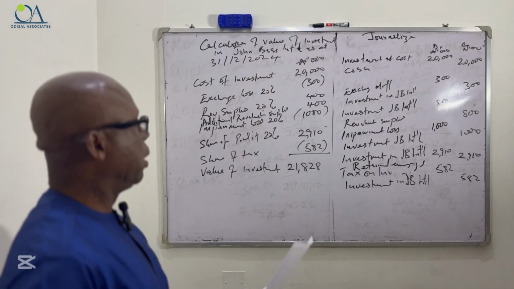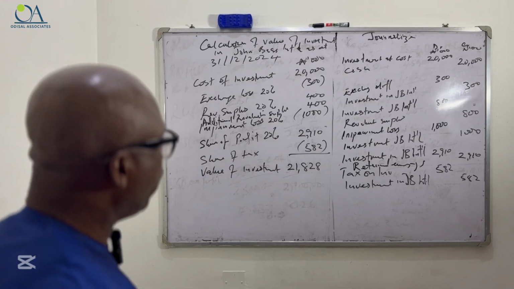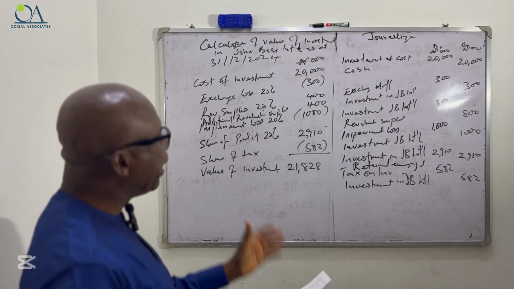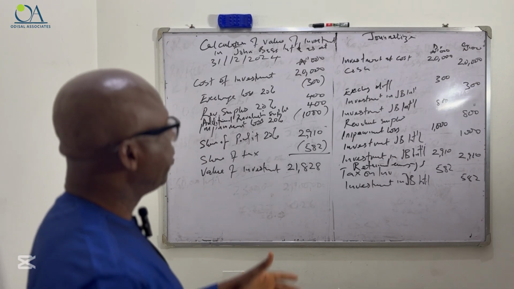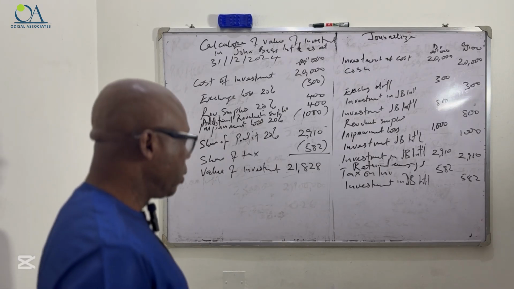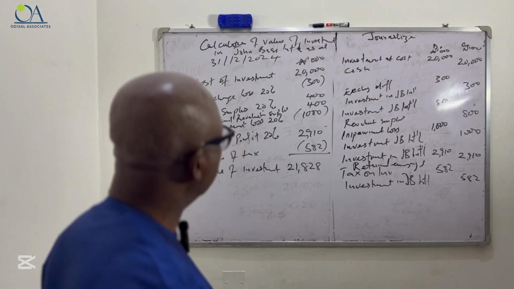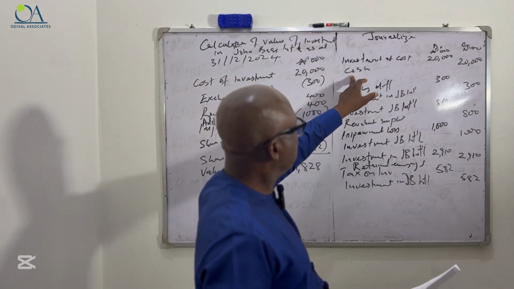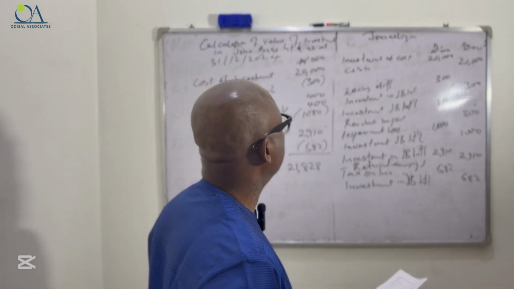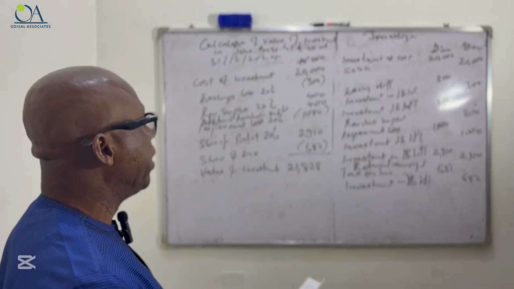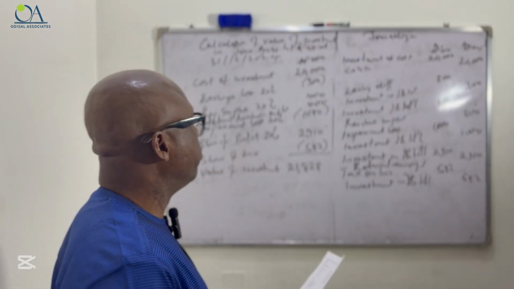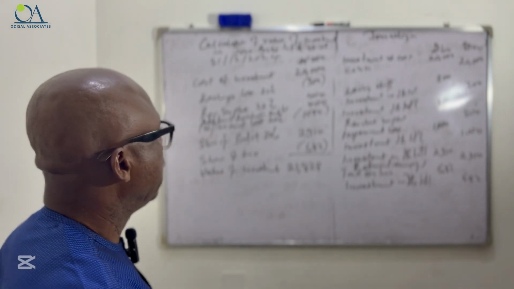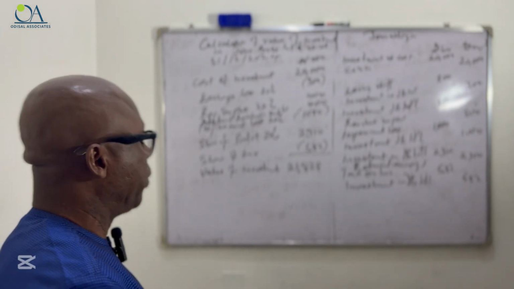So this is the journalizing of that transaction in my GF PLC books. Note that in answering the question, you must give narrative for all the journal lines that you have made. A complete journal line must have narrative to show what you have done.